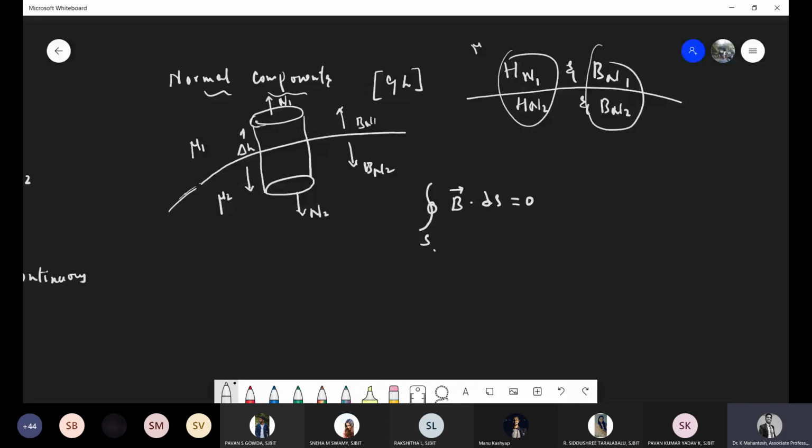So now the surface integral, how many surfaces do I have? 3 surfaces. This is one top surface, bottom surface, and I have side surface. So the surface integral will be split into 3 integrals: top, plus bottom, plus side, which is equal to 0.